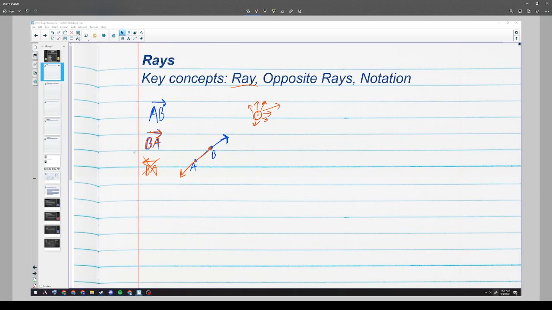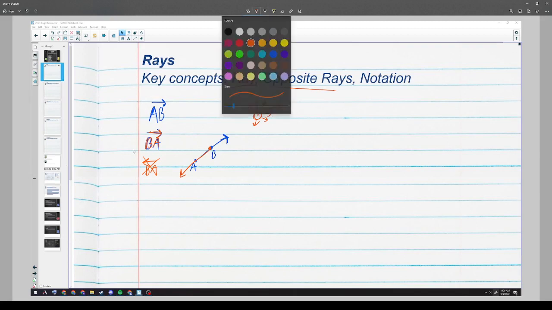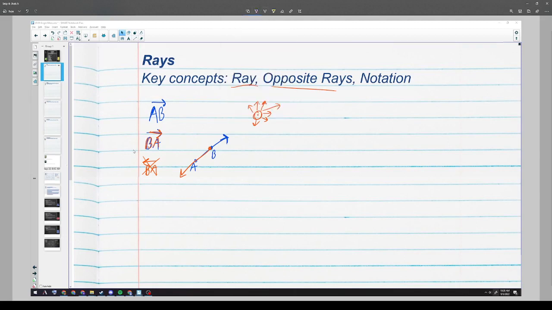Okay, so next thing, opposite rays. So if we have more than 2 points that are collinear, so let me go back to this color. If I have points F, G, and H, which are collinear, meaning they sit together on a line, so something like that, I can create a line using what we call a pair of opposite rays.